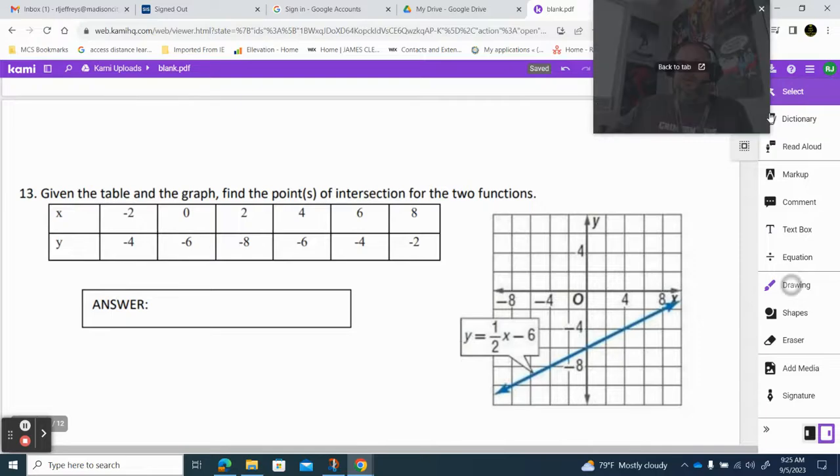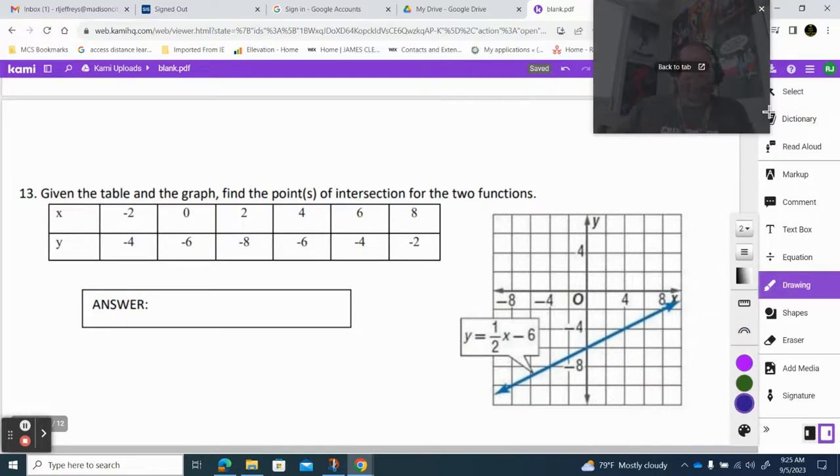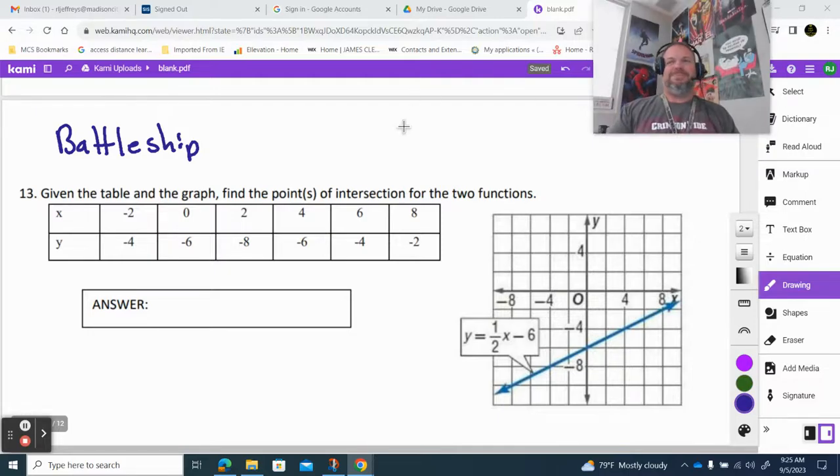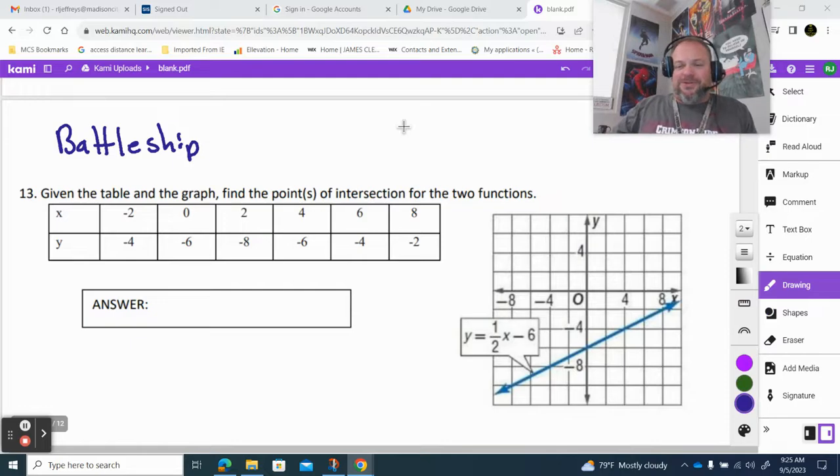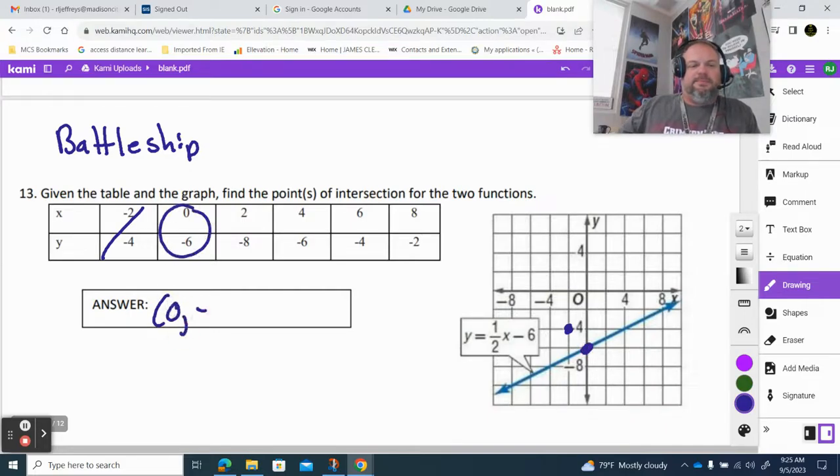All right. And what game is this like? Battleship. Matching. Monopoly. Chutes and Ladders. Uno. Yeah. All right. So let's plot these points. This is (-2, -4). So -2 is here, -4 is here. Oh, that's a miss. (0, -6). So this is 0, -2, -4, -6. Oh, that's a hit.